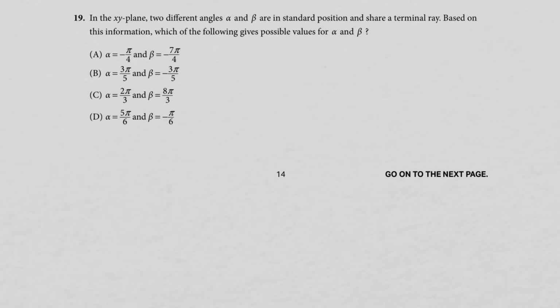Two different angles are in standard position and share a terminal ray. Based on this information, which of the following gives possible values? So here I have an angle. Let's say it's 150 degrees, which is 5 pi over 6 radians. And another angle that ends up at the same place, there's a lot of them.